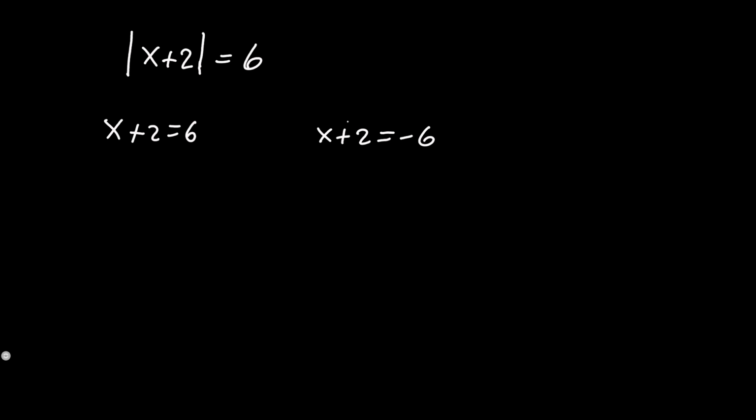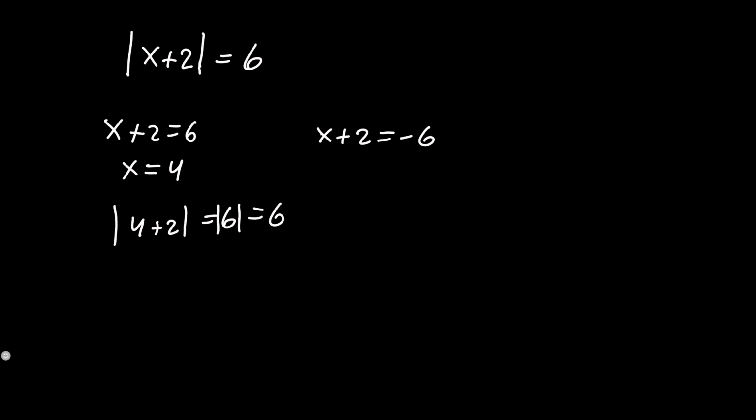And here, if we solve for x on the left-hand side, we will have x is equal to 4. So plug in x, and we get 4 plus 2, and that is equal to 6, or the absolute value of 6, which is also equal to 6. So that is one of our solutions.